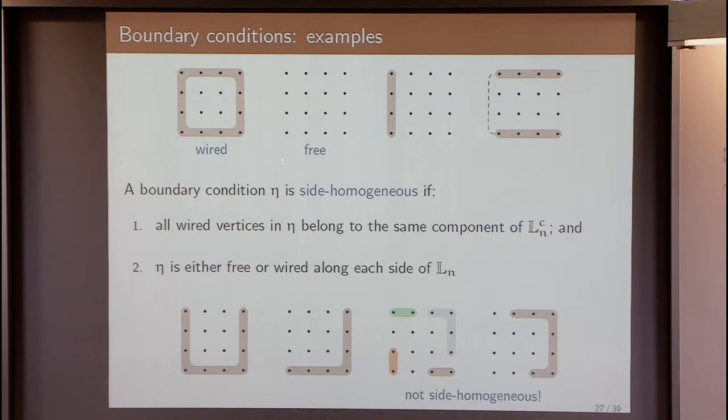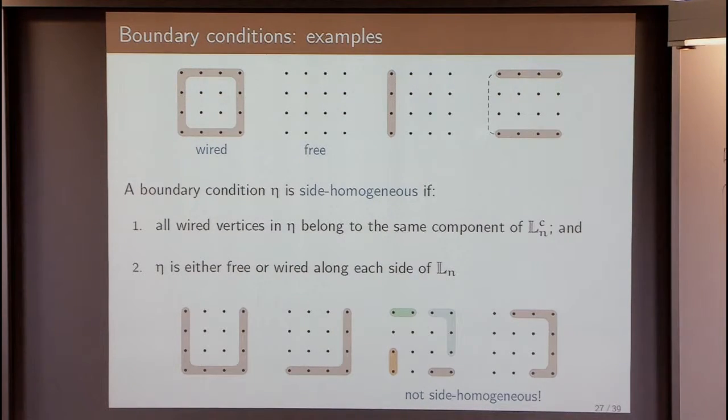So here are a few more examples. These are the two extremal cases where all the vertices are wired, or all are free. So this is called the wired boundary condition, and this is the free boundary condition. And there is a special class of boundary conditions that will be important for us that we call the side homogeneous boundary conditions. We define these boundary conditions as follows. We say essentially that there is only one non-trivial element in the partition.